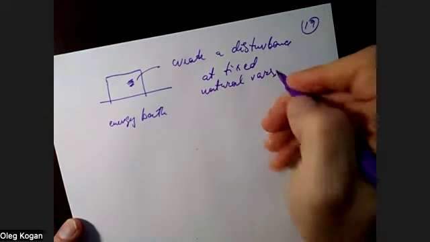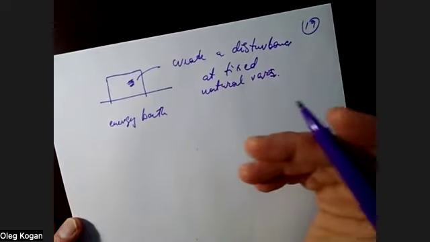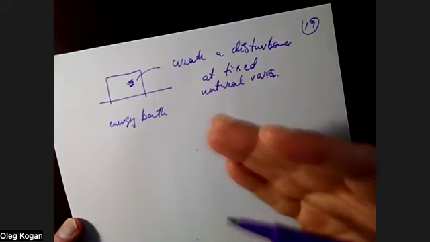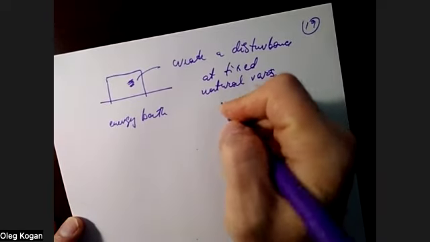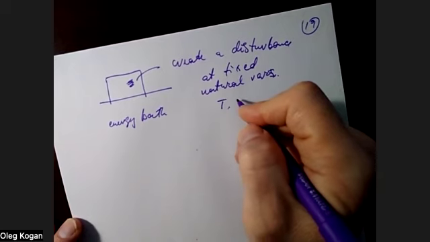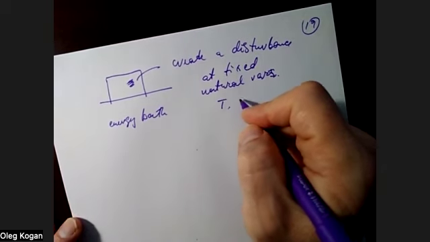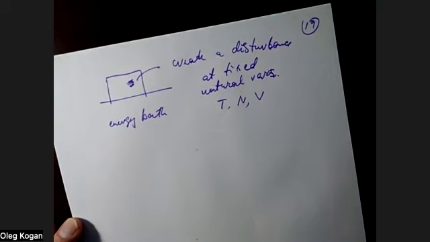I mentioned that when we're talking about relaxation of fluctuations, these are fluctuations of all variables that can vary while the natural variables are fixed. So what are the fixed variables? T of the bath, number of particles, and volume in this particular situation, right?